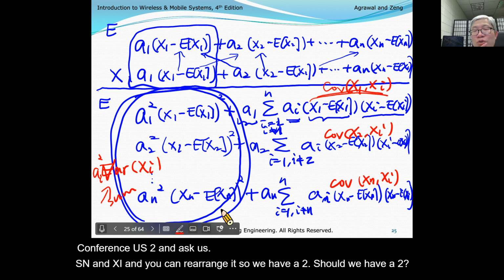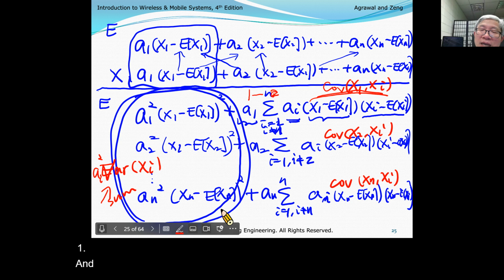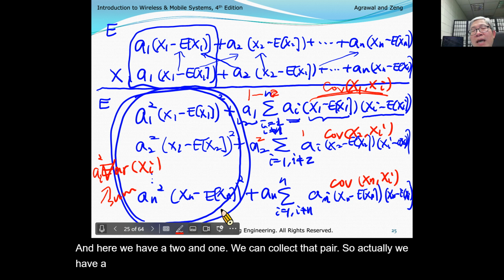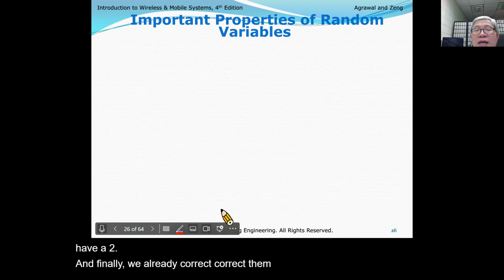Should we have a 2? If we have, for example, 1 and 2, and here we have 2 and 1, we can collect that pair. So actually we have 2. And finally, rewrite it, collect them, we have the results.